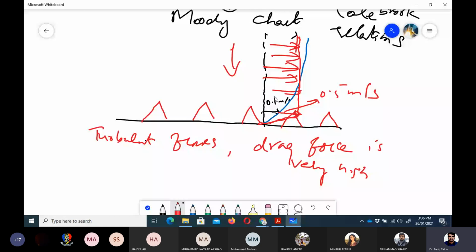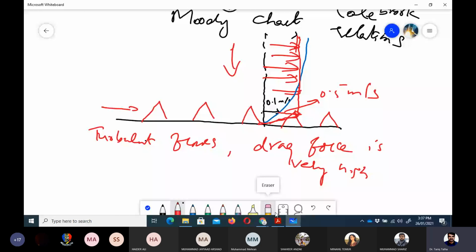If it is already less, then it doesn't matter if there is surface roughness, because that would decrease it by a little bit. But for the turbulent flow, because the velocity is very high here, it would face more resistance, more friction.